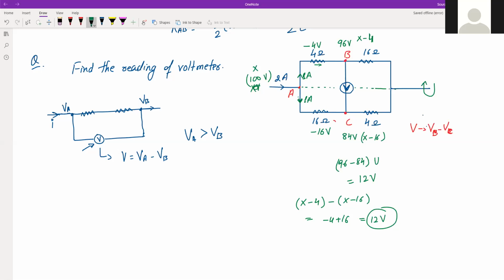Or you have minus 4 and you have minus 16. You subtract these two, again you will get 12 volts. So these are different ways in which you can solve, and in all this process we saw that our answer is the same. Always we get 12 volts.